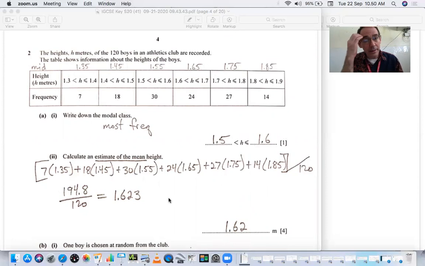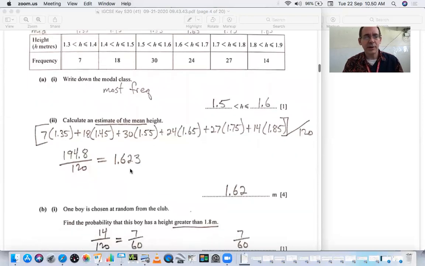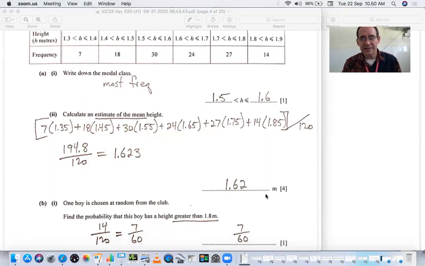So the sum of the mid-class values times their respective frequency divided by the total frequency, which is 120, gives us 1.623, or 1.62 meters is the expected average.